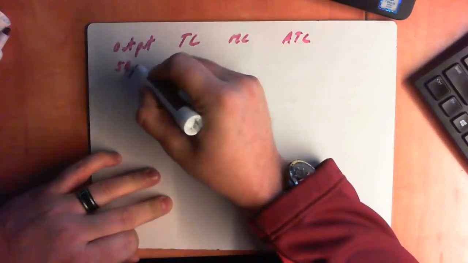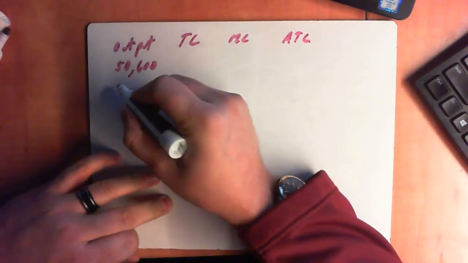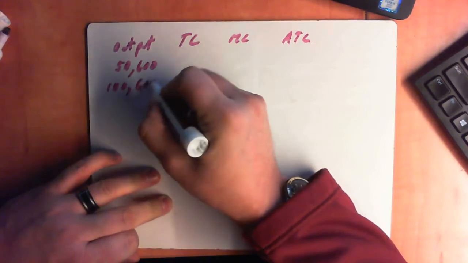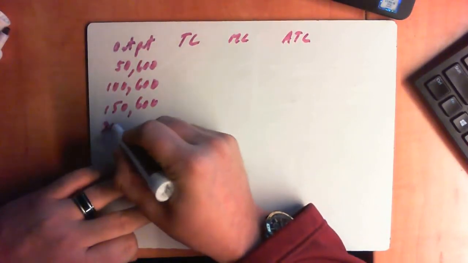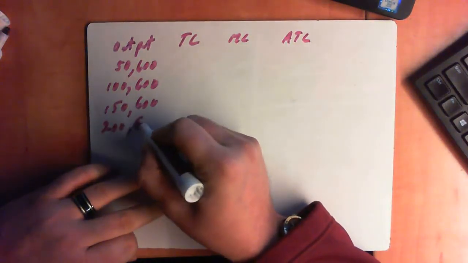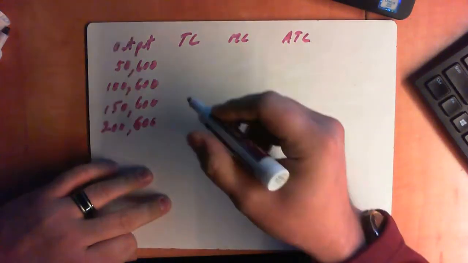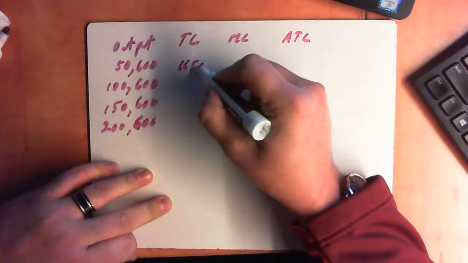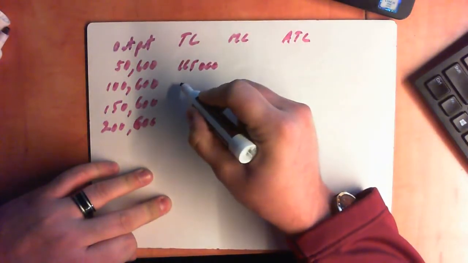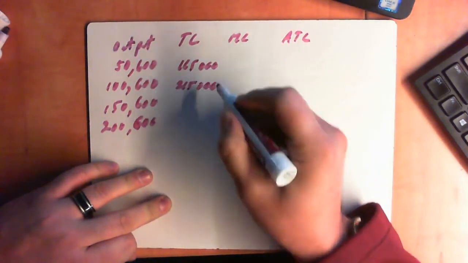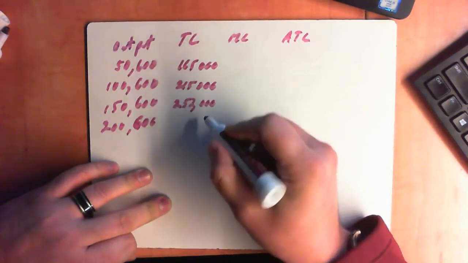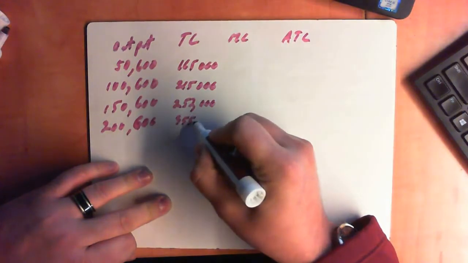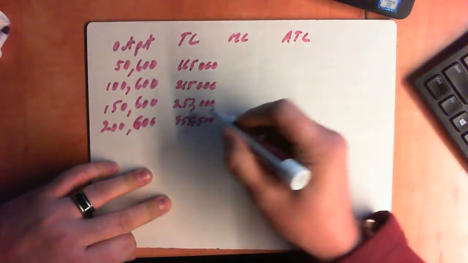So in this particular problem, we'll say output is 50,600, 100,600, 150,600, and 200,600. Total cost being 165,000, 215,000, 252,000, and 355,500.